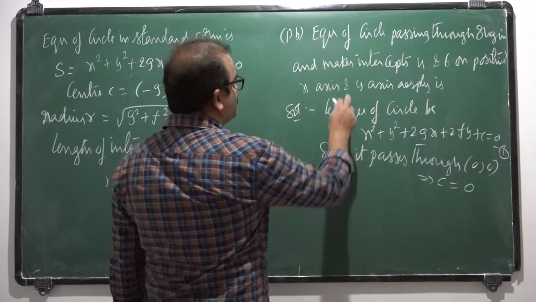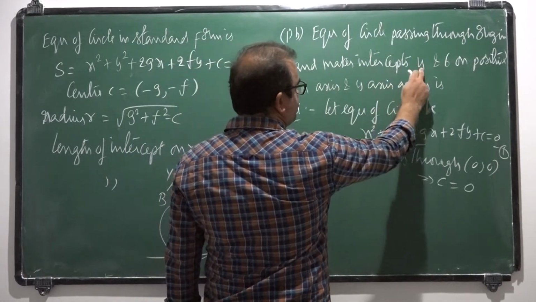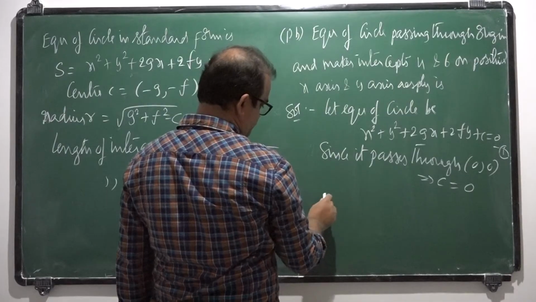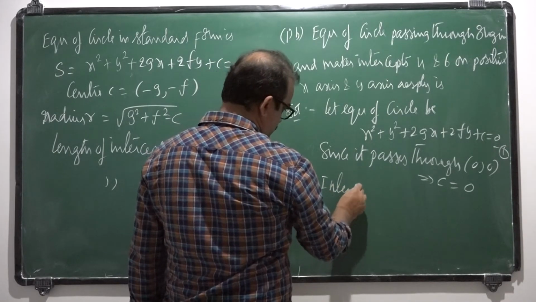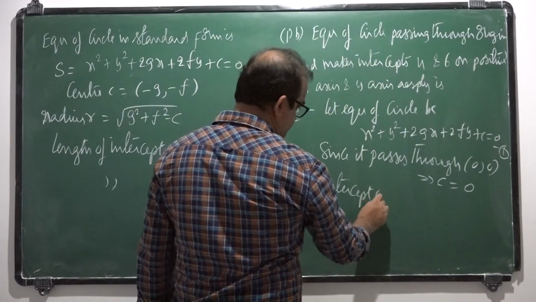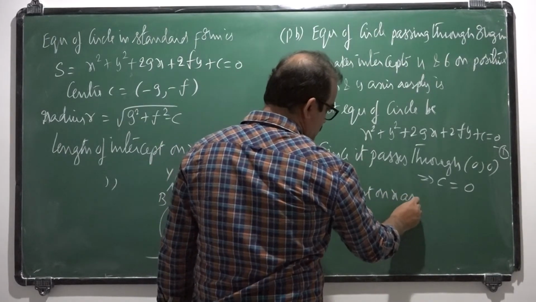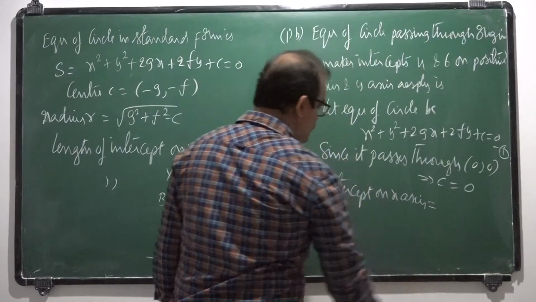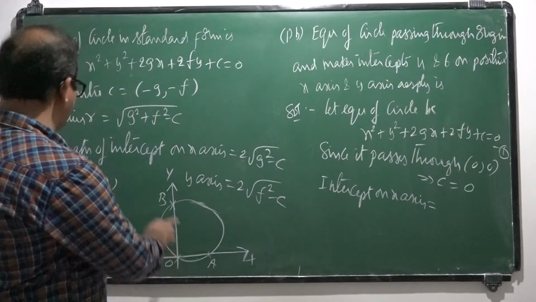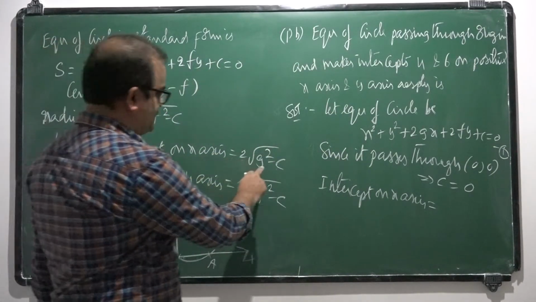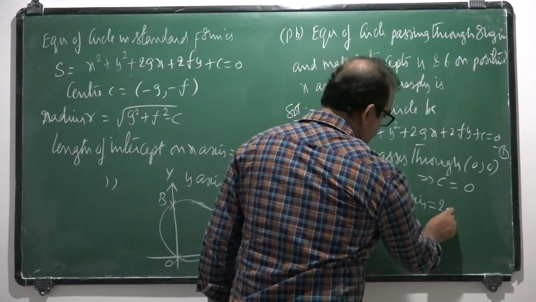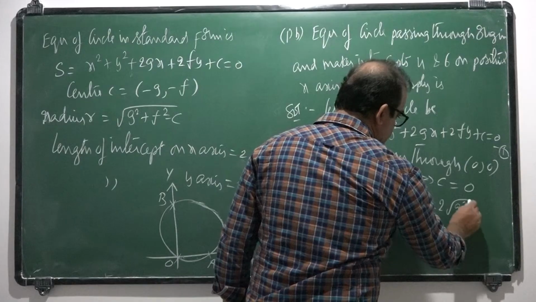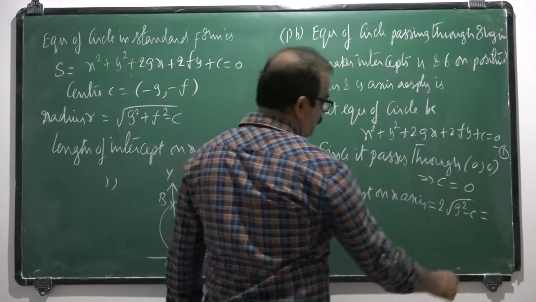Next, the circle makes an intercept 4 on the x-axis. What is the formula to find the length of the intercept on the x-axis? 2 into root of g² - c, that is 4.